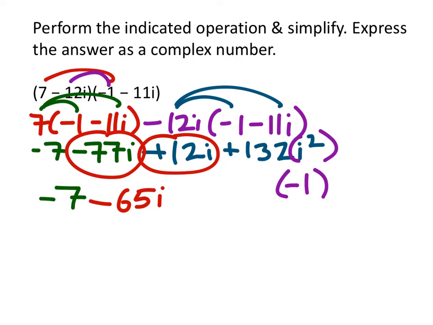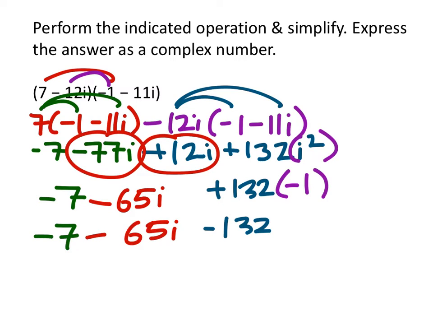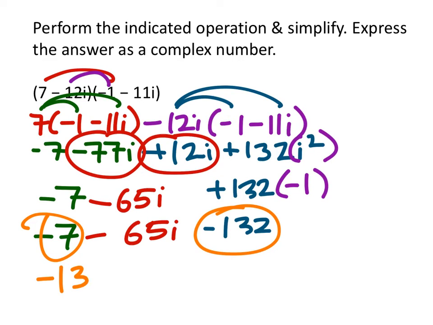And that's multiplied by that 132. So that really becomes a negative 132 right there. Well, now I've got two other like terms that I can combine, the negative 7 and the negative 132, which is negative 139. And I've also got that negative 65i.